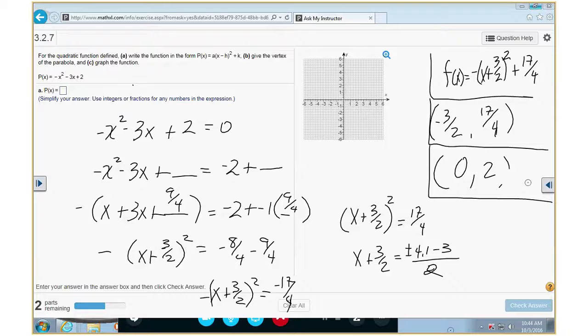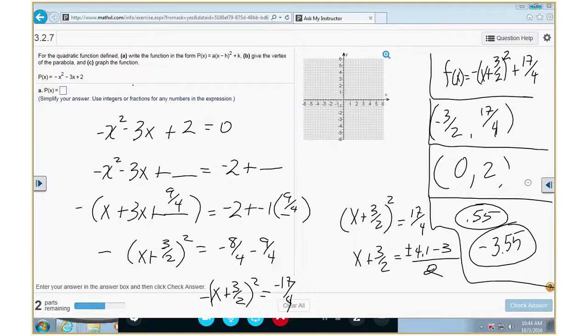Half of 1.1 is 0.55. That's one x-intercept. Negative 7.1, and half of that is 3.55. Y'all check my math, and there is your x-intercepts.